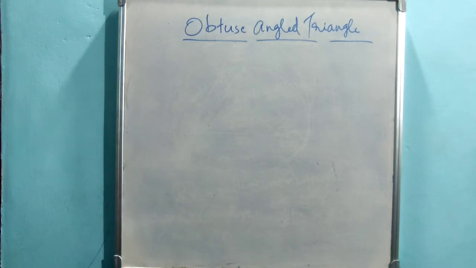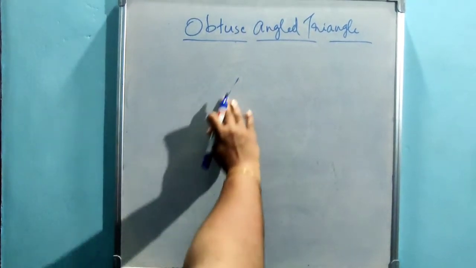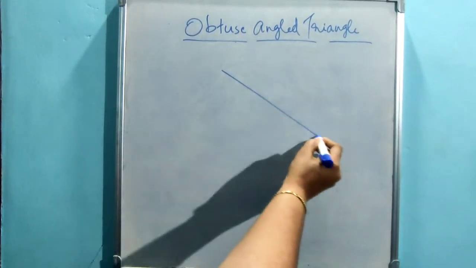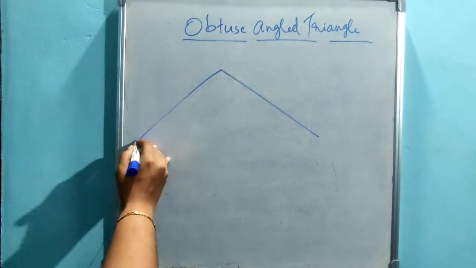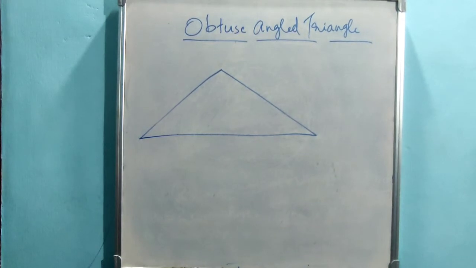Obtuse angle means one angle is greater than 90, and the other two angles are obviously less than 90, right? Because the sum of three angles should be 180 degree.